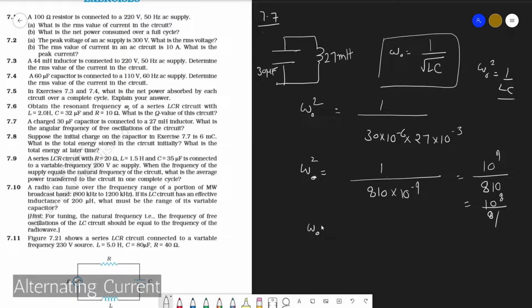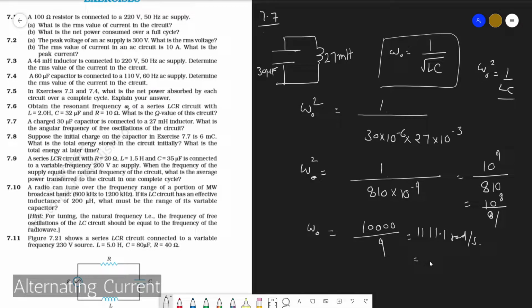Now the root of this: 10 to the power 8 under root is 10 to the power 4, and 81 under root is 9. So it comes to about 1.1 into 10 to the power 3 radian per second.